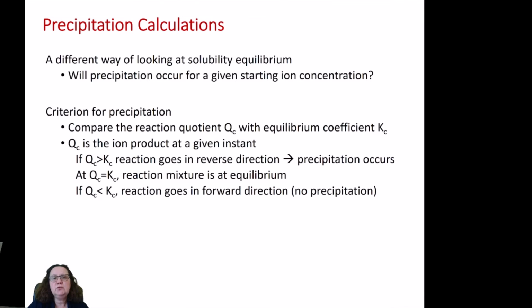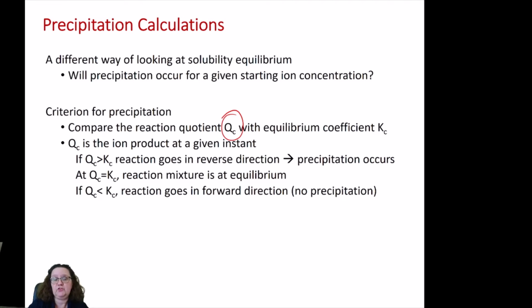You can do precipitation calculations and work out if a particular compound of interest will precipitate or not in a particular set of conditions by looking at the solubility at equilibrium and comparing the reaction quotient with the equilibrium constant, Kc. As a reminder, the reaction quotient has the same expression as the equilibrium constant, but you use Q when you are not at equilibrium.